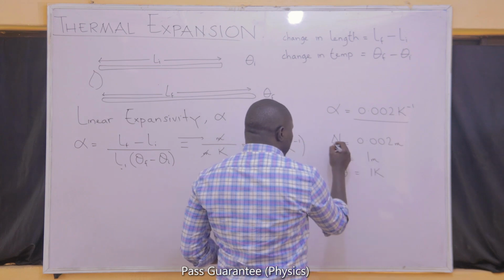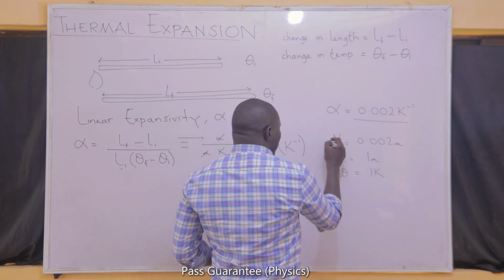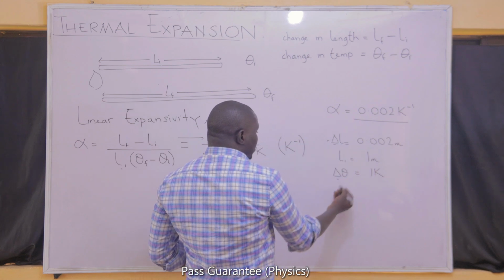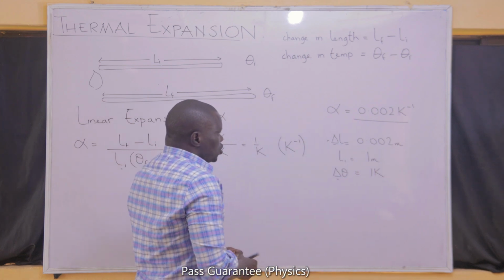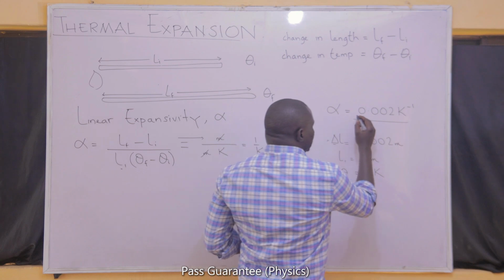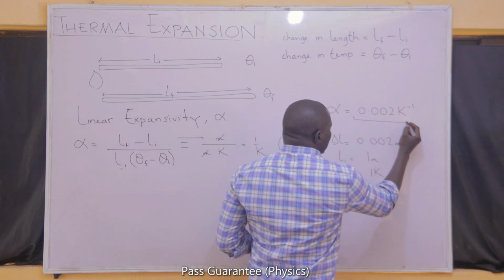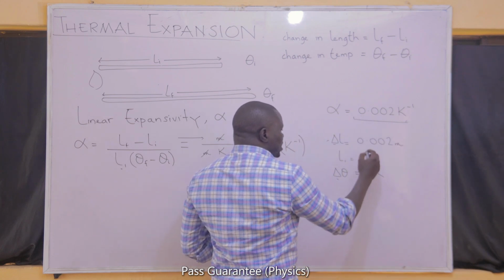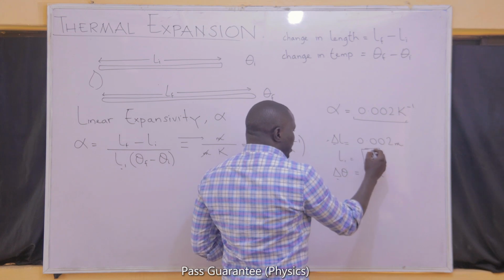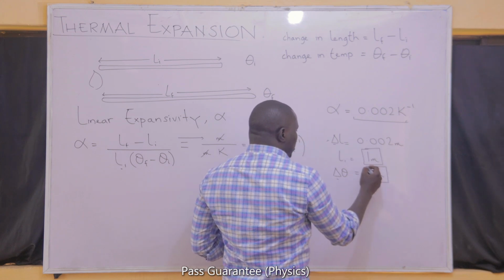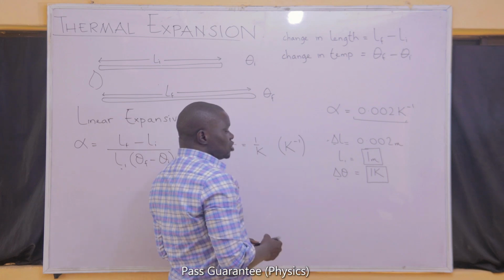I hope you understand that this delta value means the change in the length, and this delta value also means the change in temperature. So when you are told that the linear expansivity of a material is 0.002, it simply means that if you take 1 meter of that material and you heat it through 1 Kelvin, of course, there are so many ways by which you can heat it through 1 Kelvin.